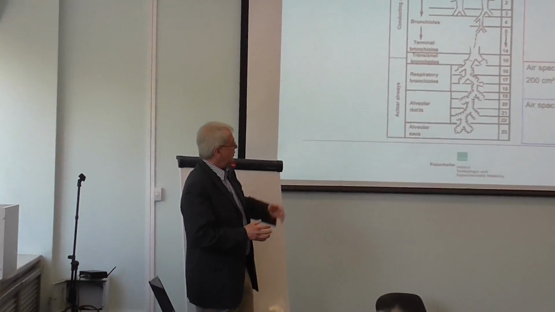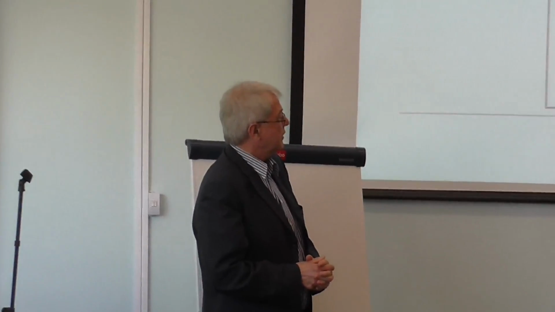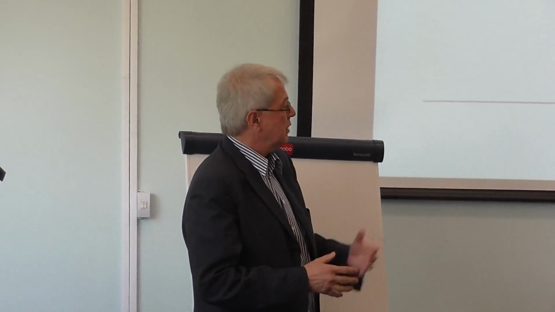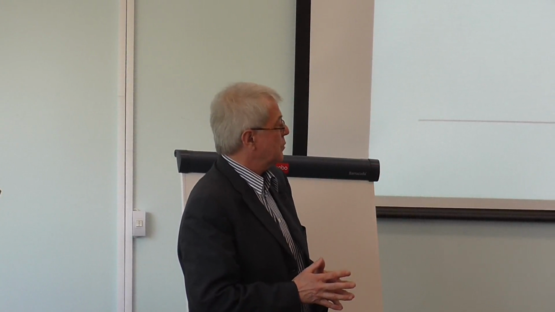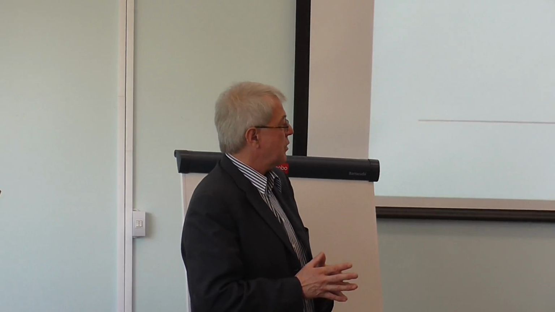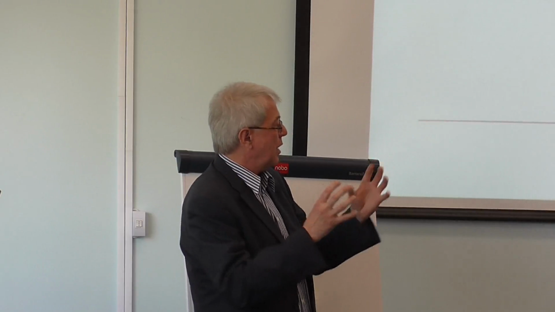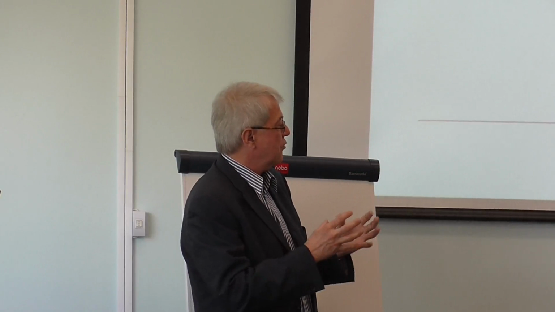If you go further down, the dimensions reduce to a few hundred micrometers to millimeters, and the surface is already 200 square centimeters. And if you go to the very final lung generations, then the typical dimensions are a few hundred, let's say 400 micrometers, but the surface area is already 78 square meters. So this is the inner surface area of the lung. It's a huge surface area.